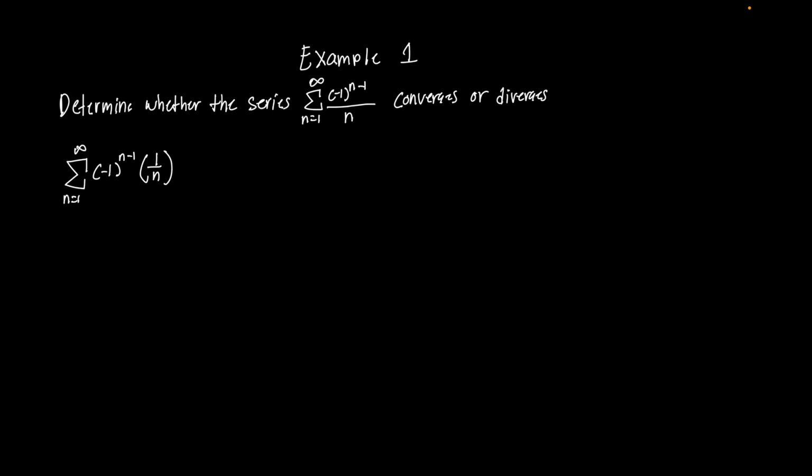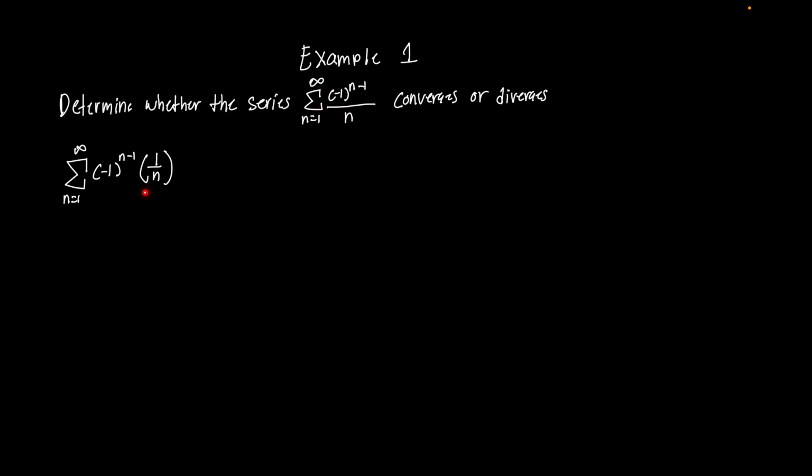The n is in the bottom for this one, so we can pull it out by multiplying by 1 over n. If you multiply this, you get the same thing. It's like we just factored out the 1 over n from the series.